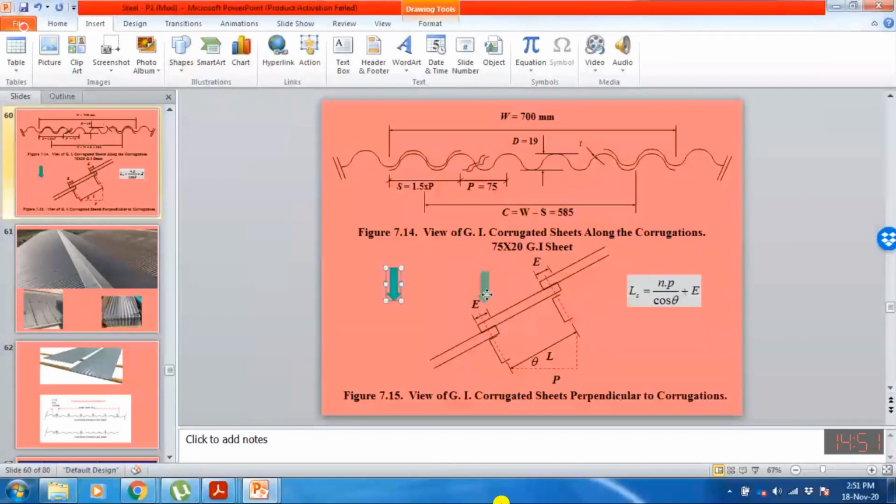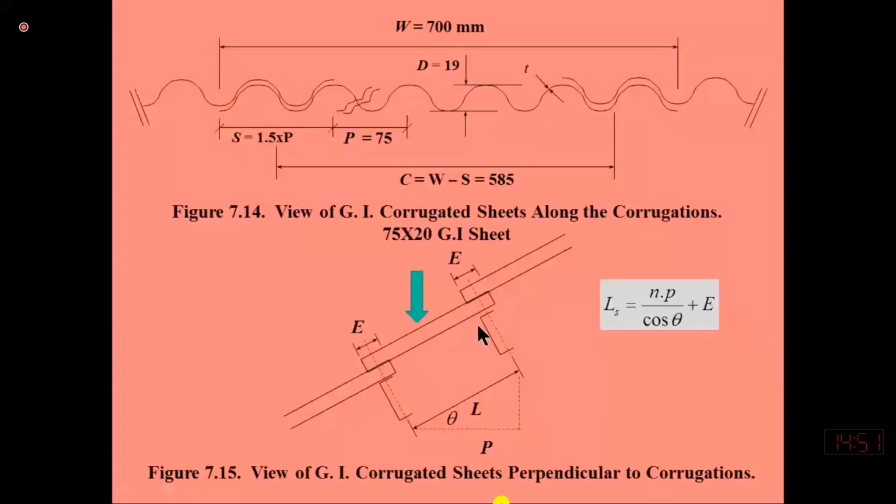So we need to take the component of this sheet which is perpendicular to this load. If the load is perpendicular to the sheet, then we're supposed to use the total length of the sheet. So for the deflection calculation, we're supposed to use the panel length.